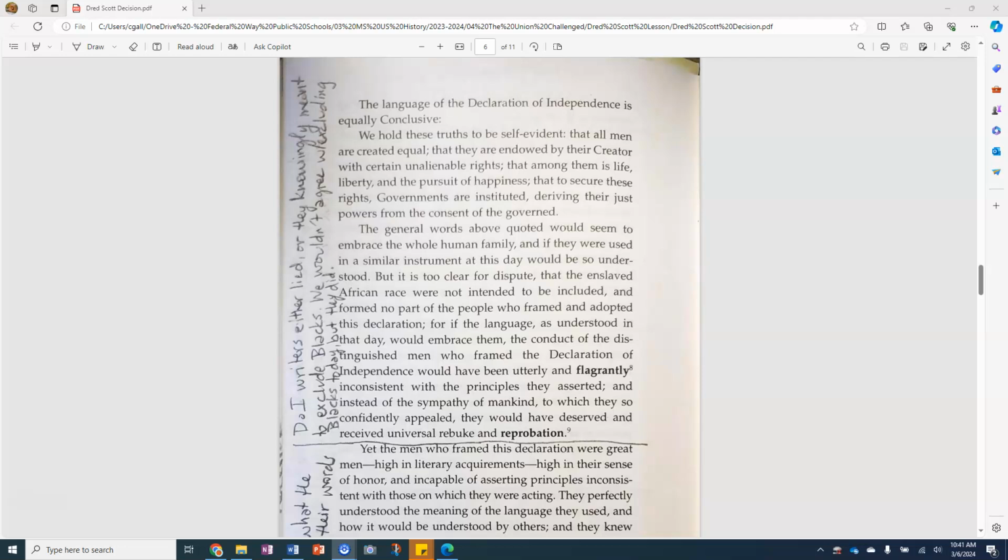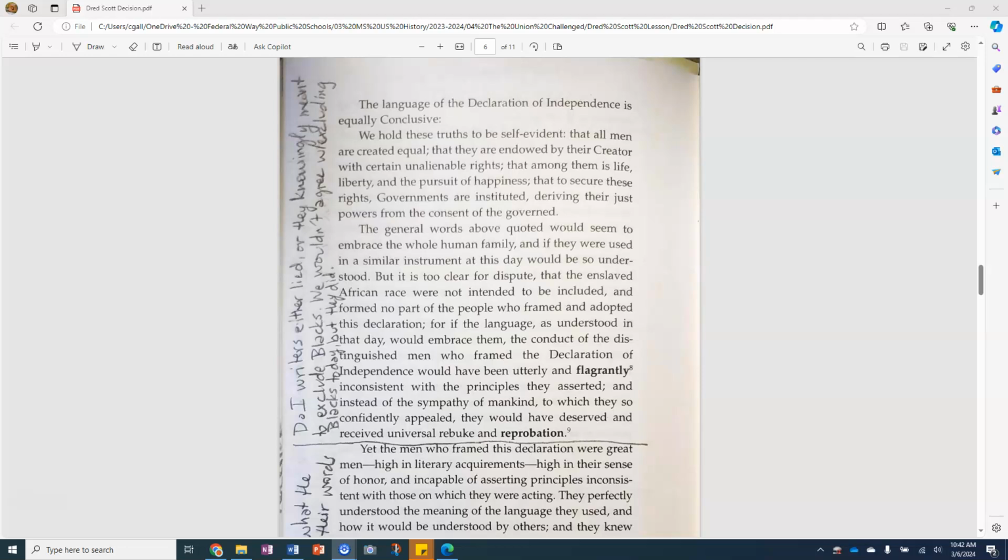Okay, so we're going to pause there again, right? So he says that the Declaration of Independence either lied in writing, or they knowingly meant to exclude blacks.